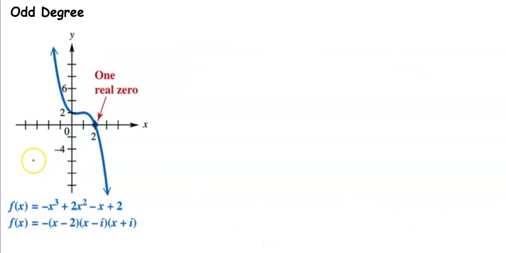Now, on our odd function, if we cross the x-axis like this, we're going to have one real 0 right there, and there's my one real 0. And then we're going to have 2 imaginary zeros. So we can say x minus 2 equals 0, so we know x equals 2. x minus i equals 0, so x equals i.